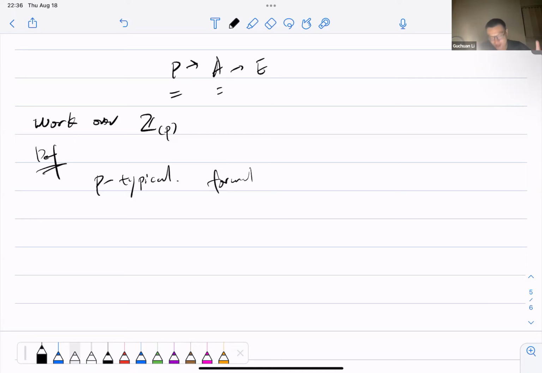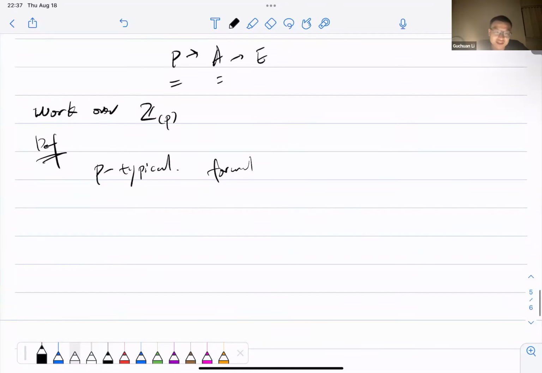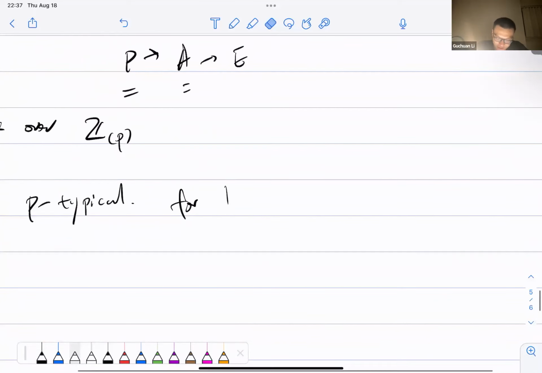In the opening talk, if you recall, there's one very important invariant of formal group laws called height. The height comes from the p-typical case. The p-typical formal group law can be defined for a general algebra, but let me just do the easy, more intuitive version for the torsion-free case.